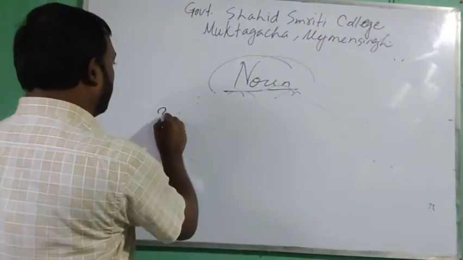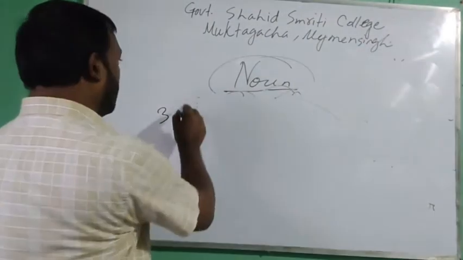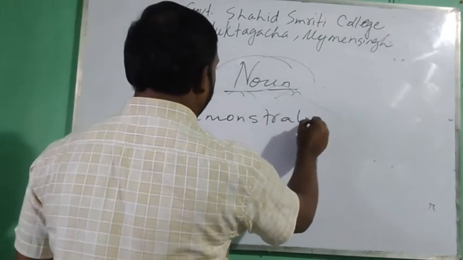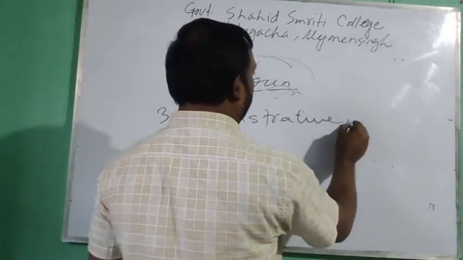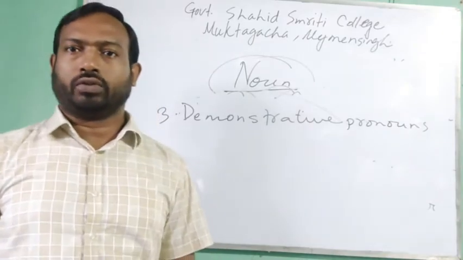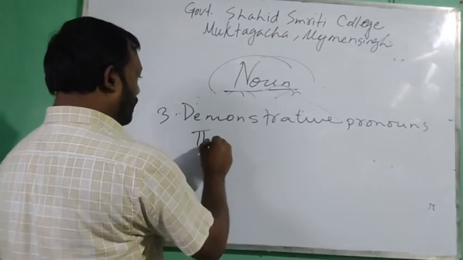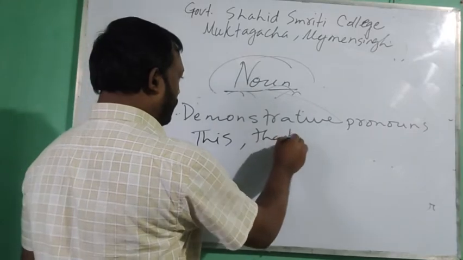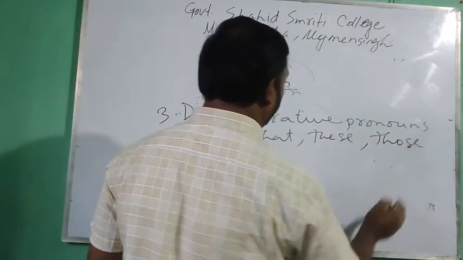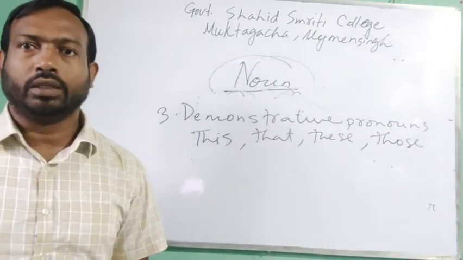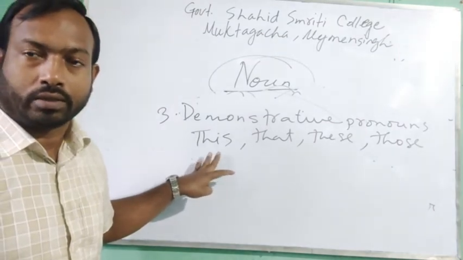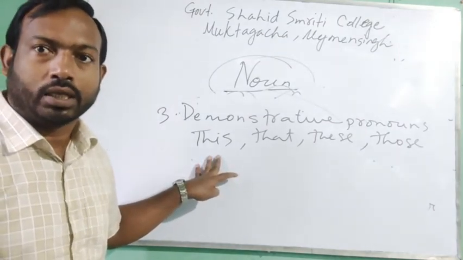Premodifiers number 3, demonstratives. Demonstrative pronouns: this, that, these, those. We know this is used for a singular noun that is near.